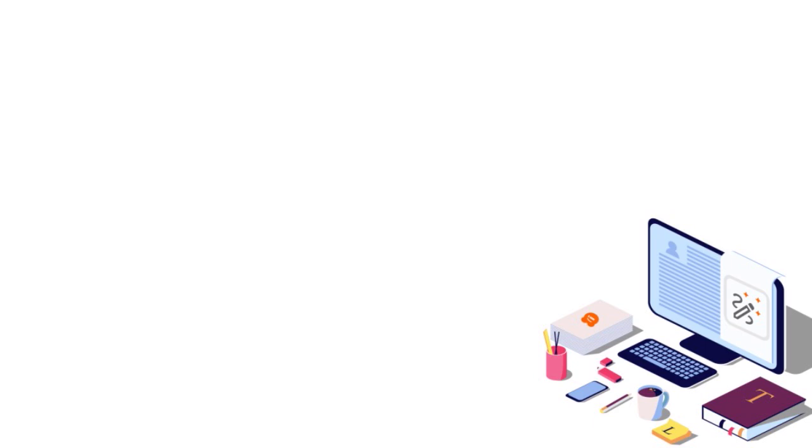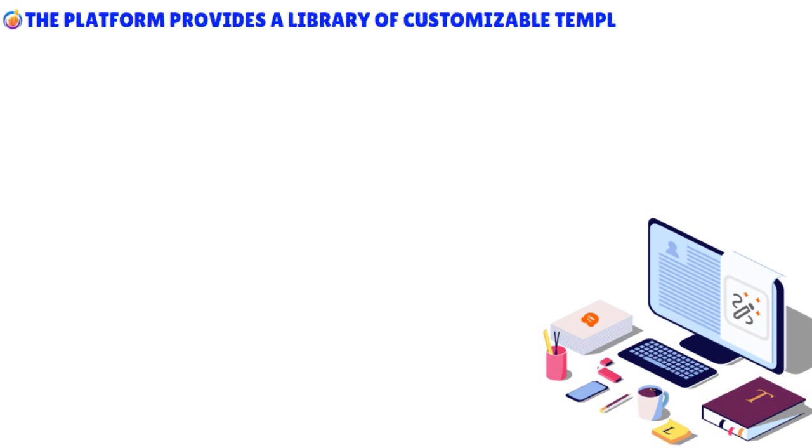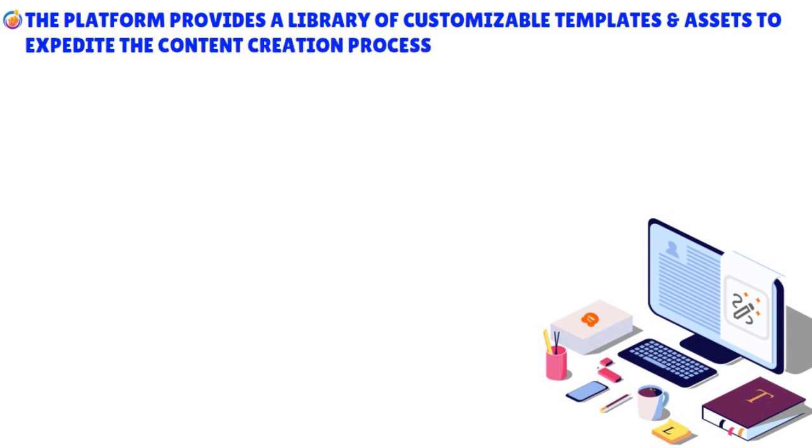So you can design visually stunning content assets such as infographics, microsites, ebooks, and interactive presentations using a drag and drop interface. So that's really good. The platform actually provides a library of customizable templates and assets to really expedite the content creation process.